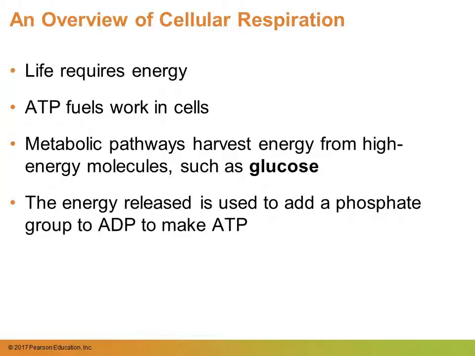That energy that's released in all those chemical bonds will be used to add a phosphate to ADP to make ATP. So ADP represents adenosine diphosphate, and that means a 2-phosphate tail. And when we connect that 3rd phosphate, it becomes adenosine triphosphate. And keep in mind, this is an activated nucleotide.